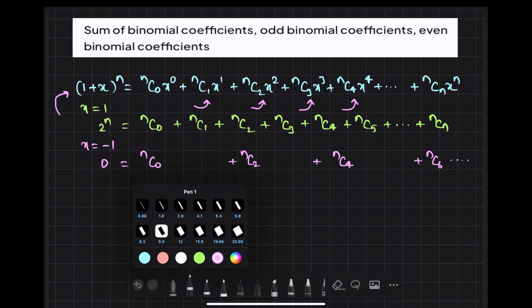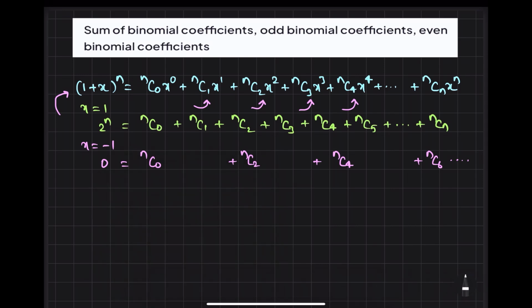Now I will write the odd lower subscripts: nC1, nC3, nC5, and so on. Correct?